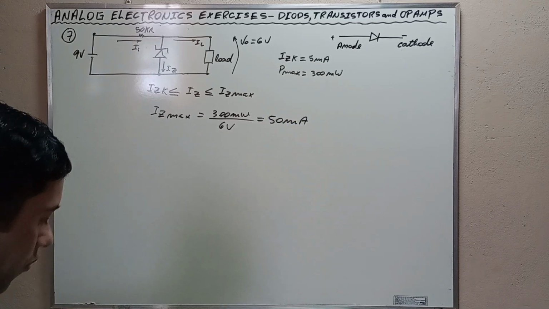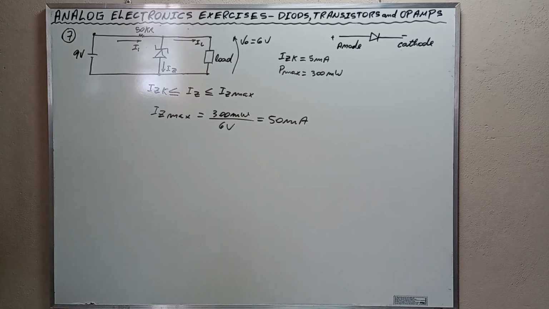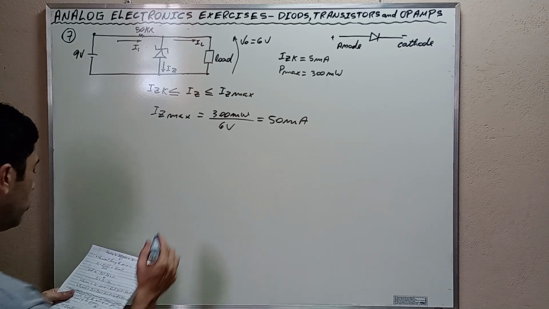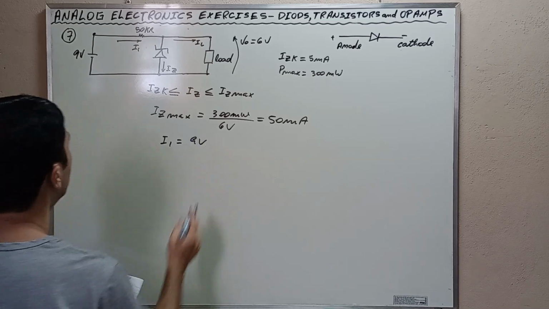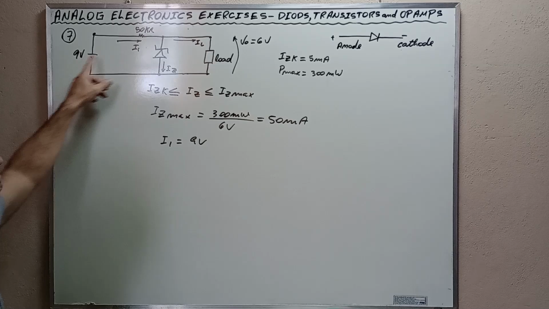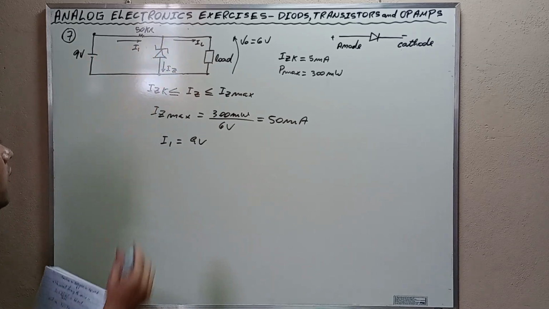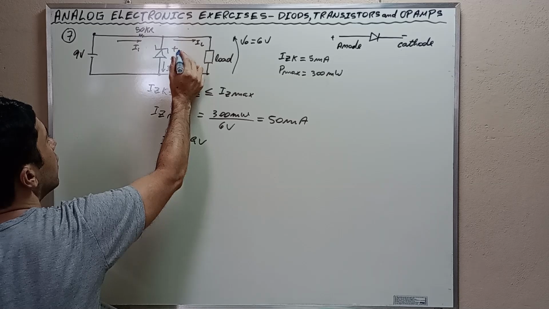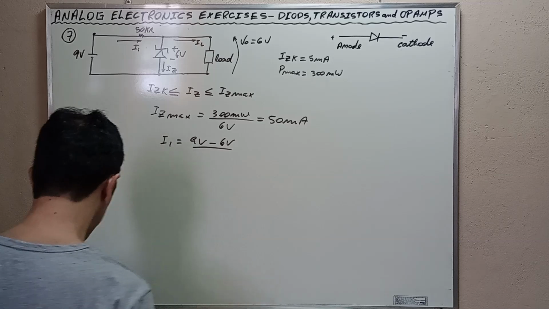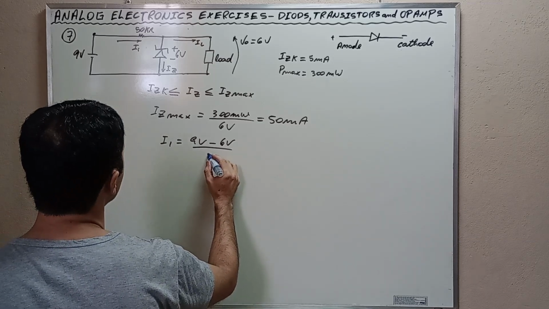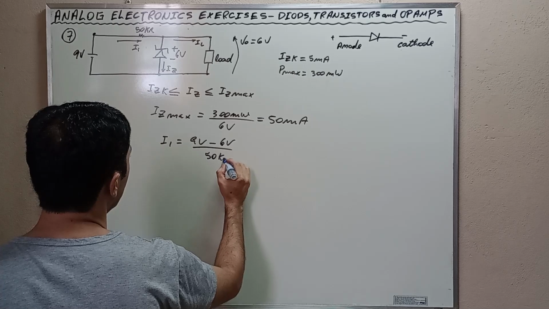Alright, my friends, I1 is the current leaving the source. I1 is equal to 9 volts minus 6 volts divided by 50 kilo ohms.